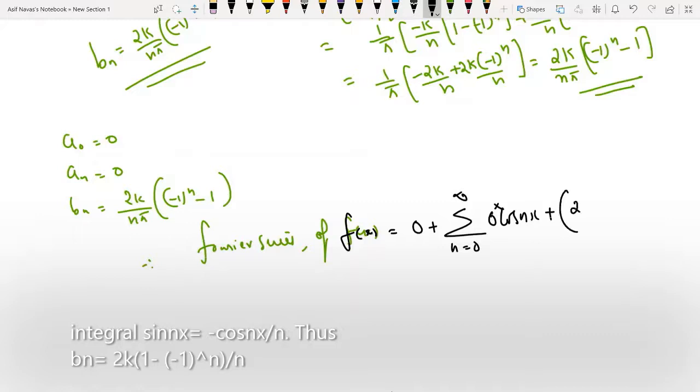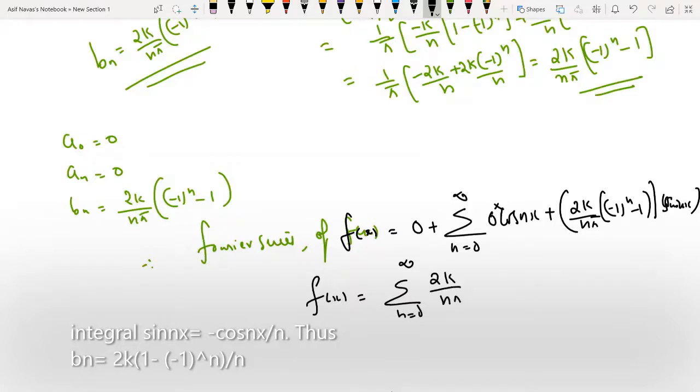Bn is 2k by n pi times minus 1 power n minus 1 sin nx. Therefore, f of x is equal to sigma n equal to 0 to infinity of 2k by n pi times minus 1 power n minus 1 sin nx. So this is the Fourier series.